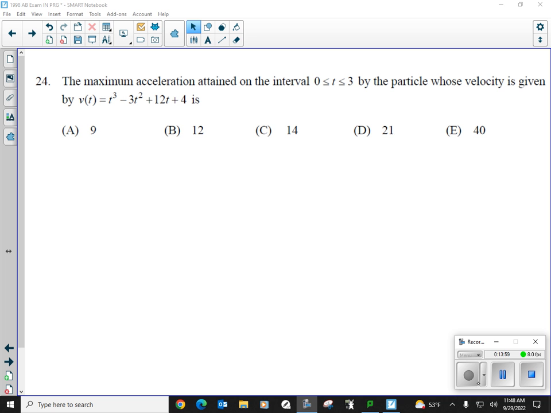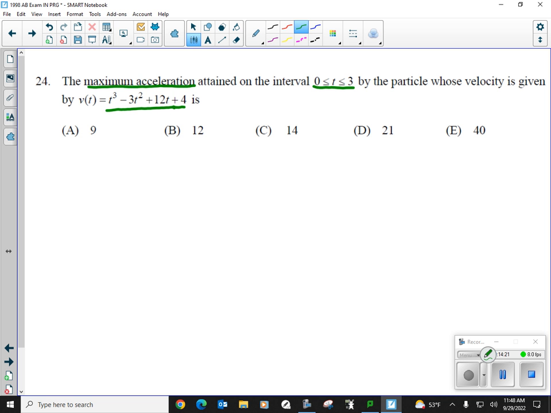24. The maximum acceleration attained on the interval between 0 and 3 for t, by the particle whose velocity is given by v of t equals t cubed minus 3t squared plus 12t plus 4, is... First of all, I need acceleration. There's position, velocity, and acceleration.